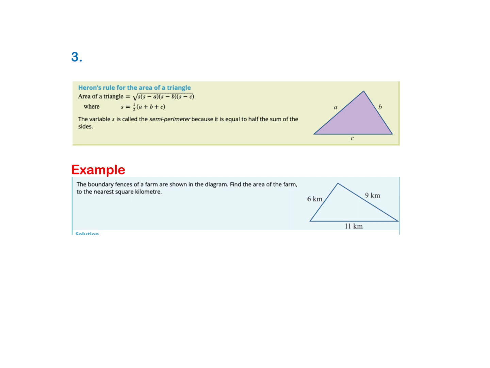Okay, and our final formula that we can use is Heron's formula. Heron's is just the name of the mathematician who worked this one out years ago. And you can see this is the actual formula.